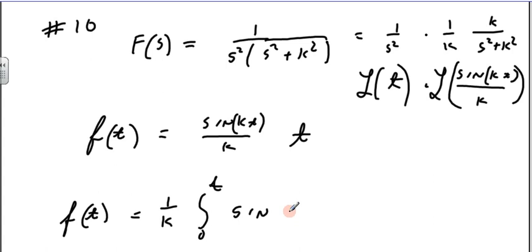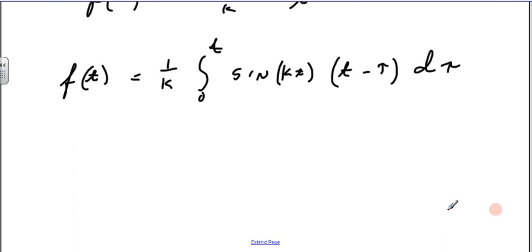Okay, so sine k tau times t minus tau d tau. So I've got a t and a minus tau sitting there.